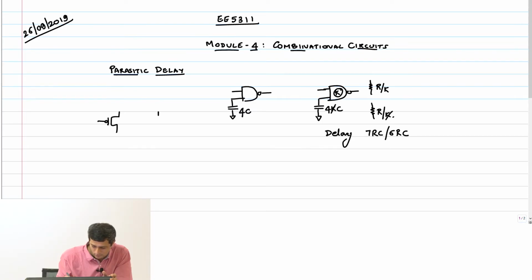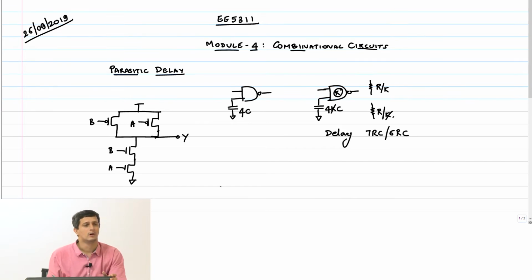So if I have a NAND gate with inputs A, B, then the parasitic capacitance is 6C, with sizes 2, 2, 2 and 2.